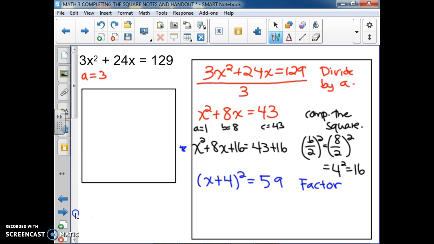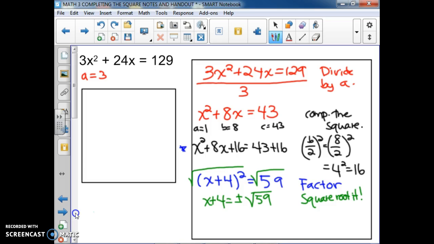The next step is to take the square root of both sides. That's going to leave me with x plus 4 equals plus or minus the square root of 59.